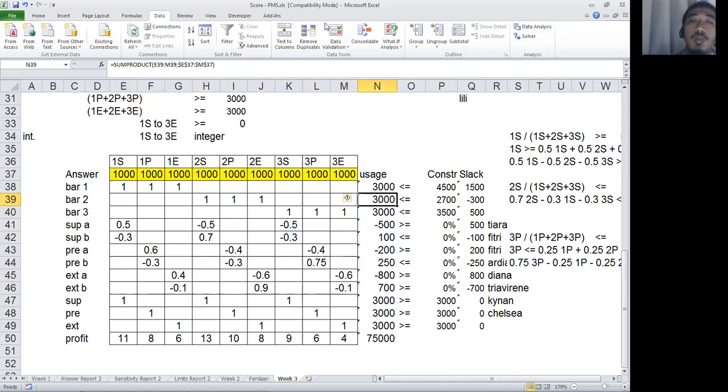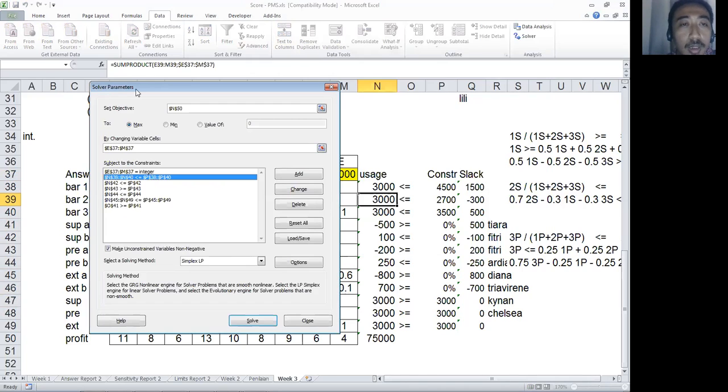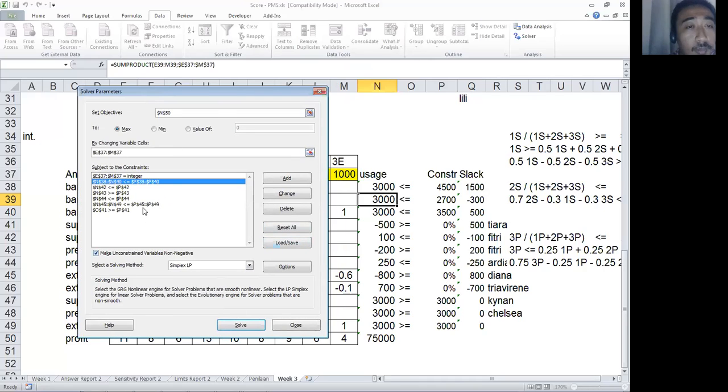Okay, let's check our solver condition here. This one is integer, then this one is, let's see. Oh, I put this one here, O41.